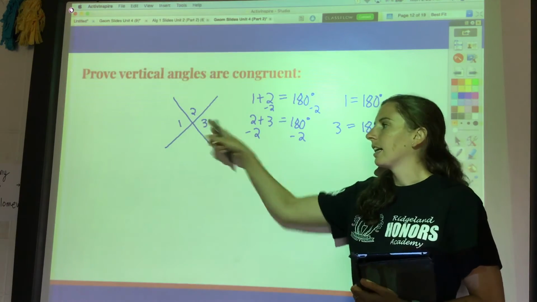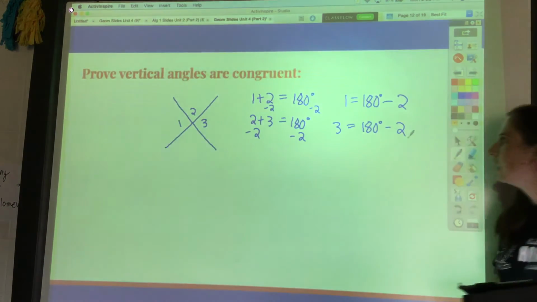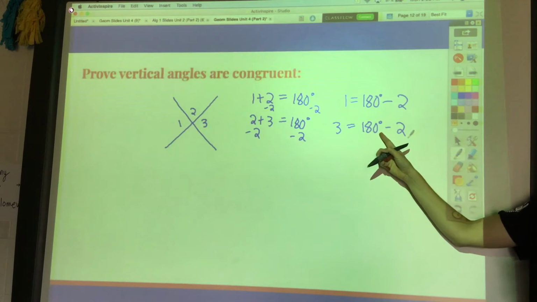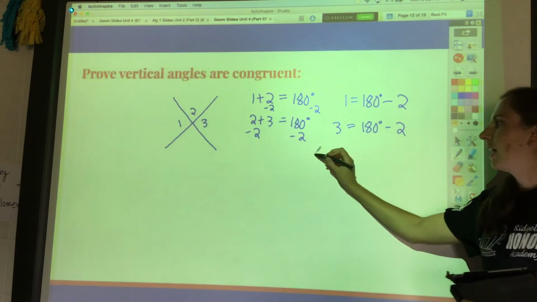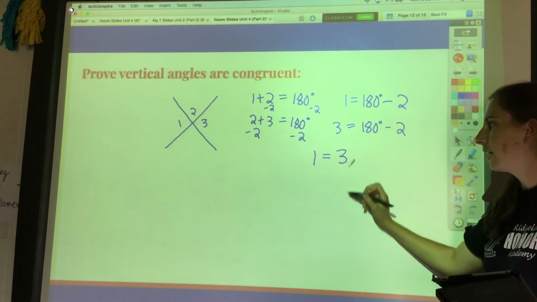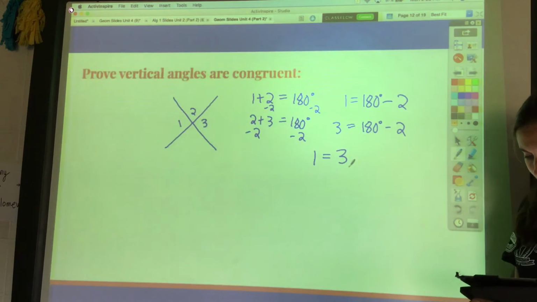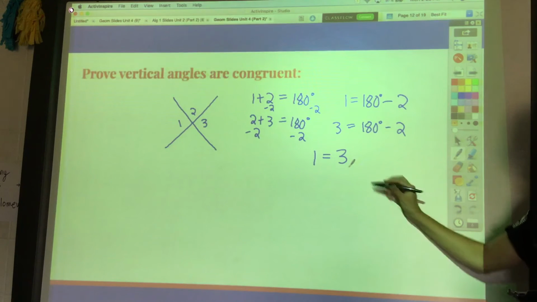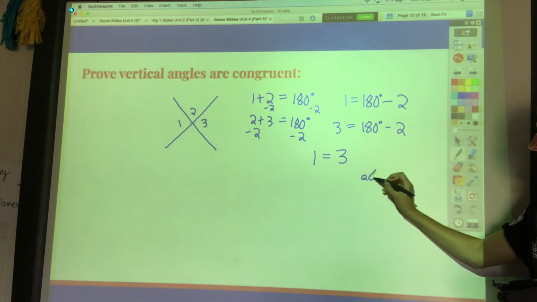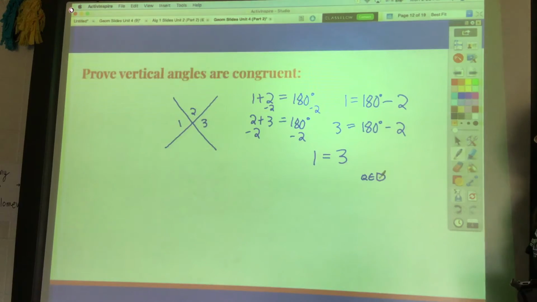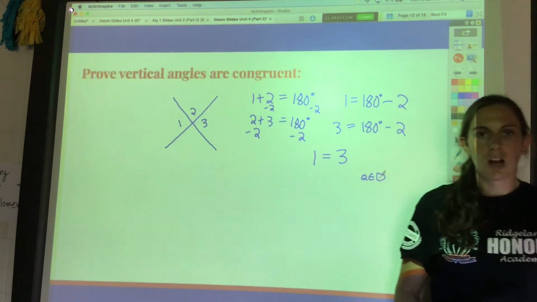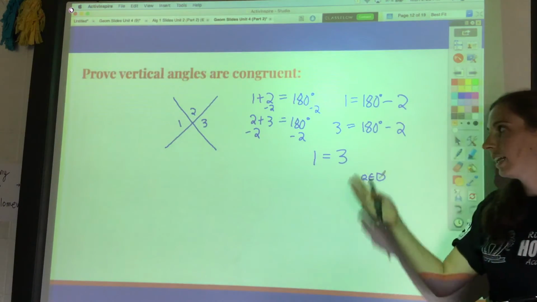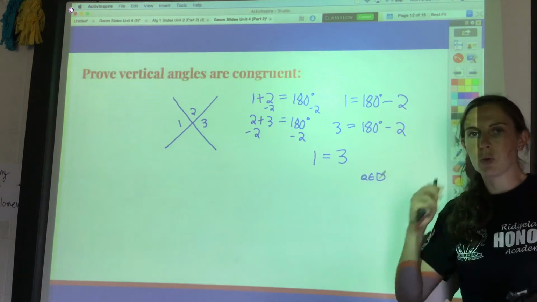See how these are the same? Since 1 and 3 both equal the same thing, angle 1 equals angle 3. And that's the end of the proof. QED, draw your square, you're done. Drop the mic. I just proved that these two vertical angles are congruent, and that works for any angle because I just used a generic 1 and 3.